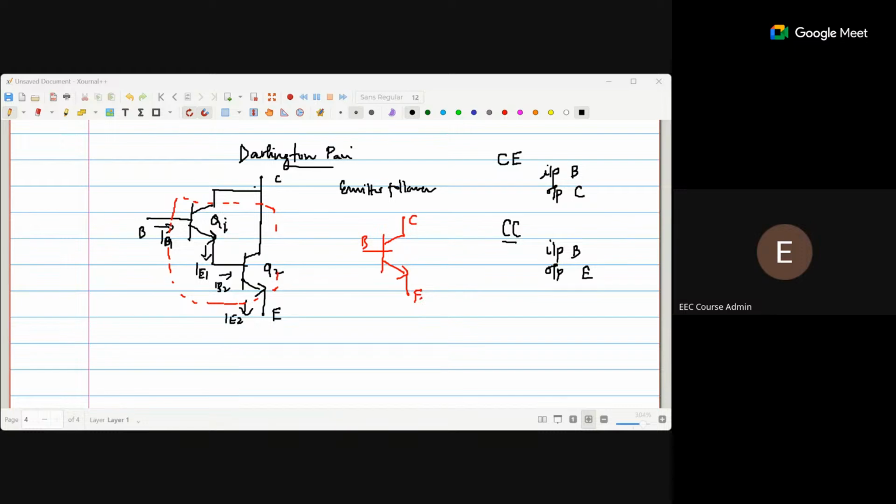Okay, so one question on Darlington pair, ma'am. We can do that today, and we can wind up for today's session, rest on Thursday. So one question on Darlington pair that you can write out. Let me just take that question.